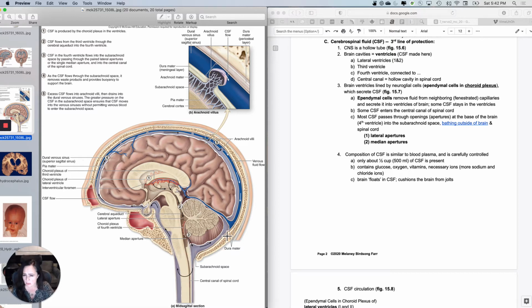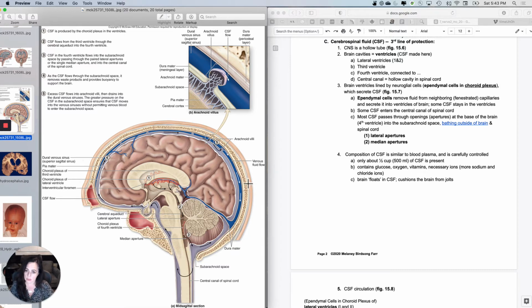Okay, so let's talk about what's in this fluid, this cerebrospinal fluid, for just a second. In a healthy person, there's generally only about 500 milliliters, a half a cup of cerebrospinal fluid at any given time. That can't vary very much, or else you're going to have the worst headaches in the world and some other potential problems. And what's in it is like a whole bunch of glucose, because the brain really likes glucose, oxygen, vitamins, necessary ions like sodium and potassium and calcium and chloride.